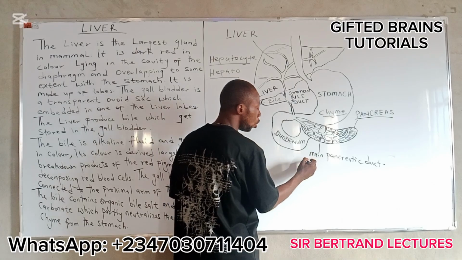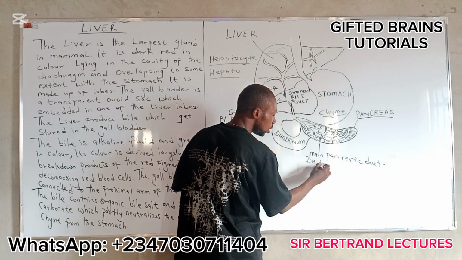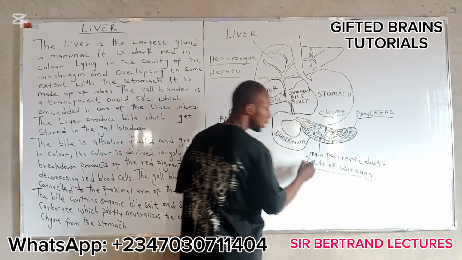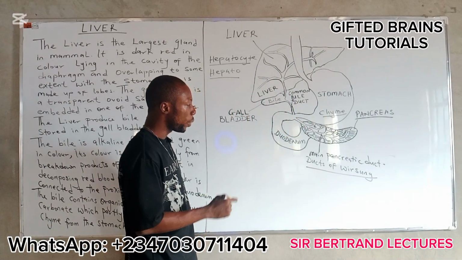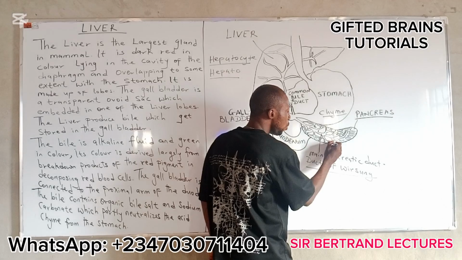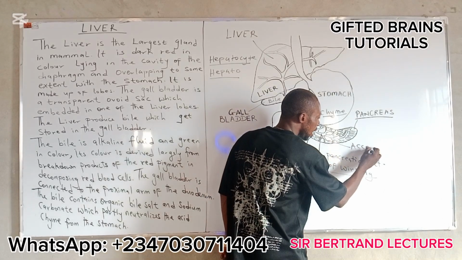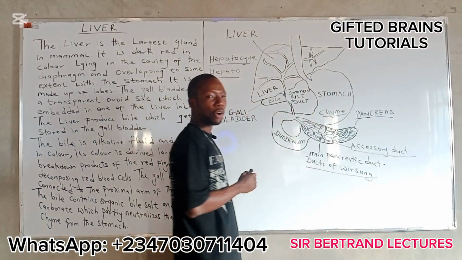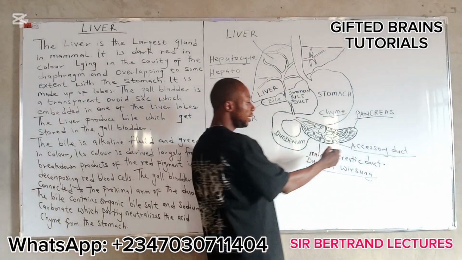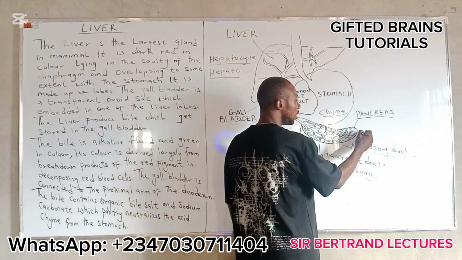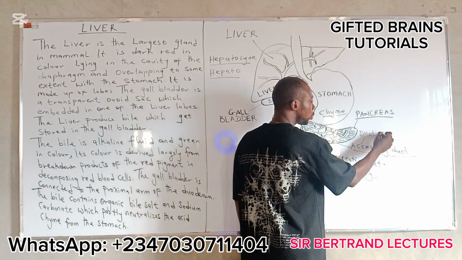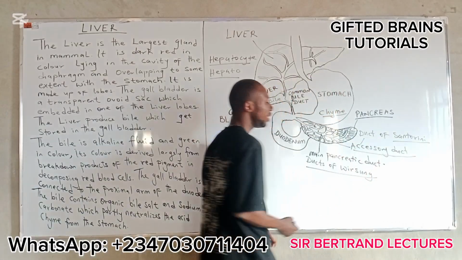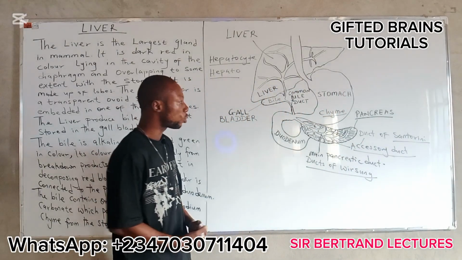This main pancreatic duct is known as the duct of Wirsung. Then here we have the accessory duct of the pancreas. This accessory duct of the pancreas is known as the duct of Santorini.